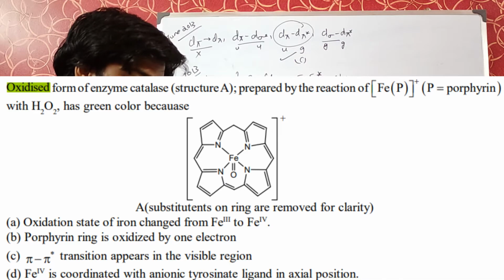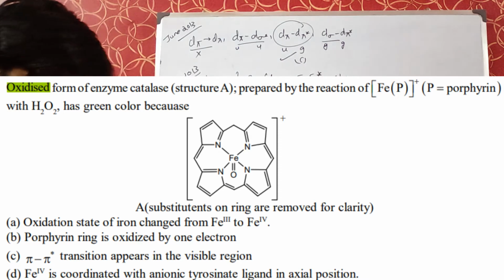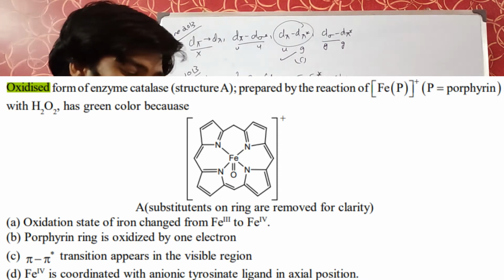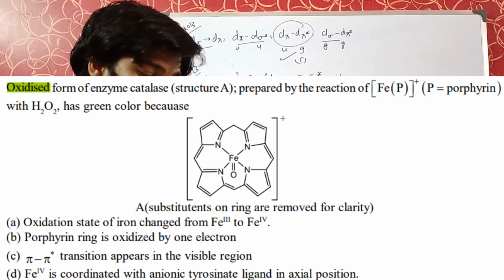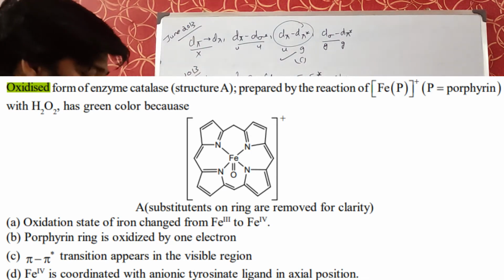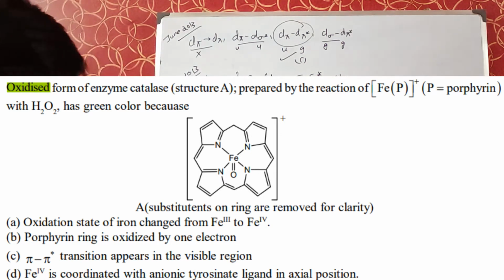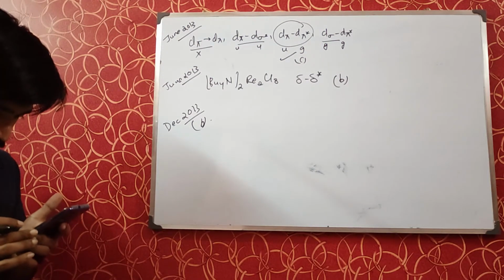Pi to pi star transition appears in the visible region. Fe(IV), is it Fe(IV)? Okay, so iron is coordinated with anionic tyrosine ligand. So that is also not the reason. So either it could be porphyrin ring is oxidized by one electron, or it could be that pi to pi star transition appears in the visible region. The correct answer to this is porphyrin ring is oxidized by one electron, which is given in your option number B.